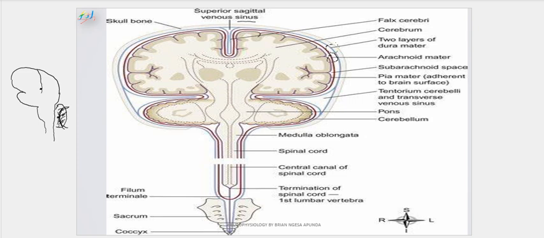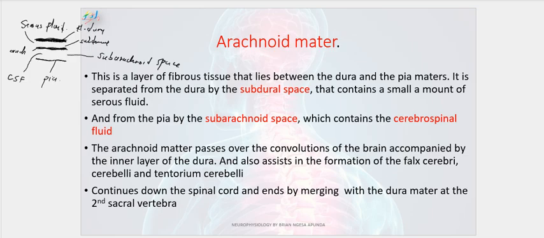So it is obvious that the arachnoid mater also contributes to the formation of the falx cerebri, the falx cerebelli, and the tentorium cerebelli. This is because the meningeal layer accompanies our meningeal dura.